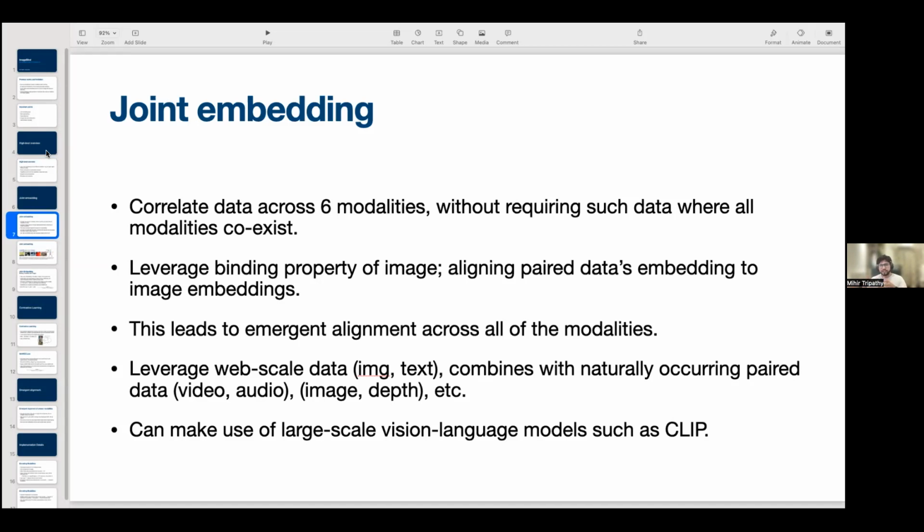So we can use the already pre-trained encoders along with naturally occurring data, like video and audio, which is very widely prevalent, and image and depth. There are a lot of data sets, especially used for self-driving training, for image and depth, and these kinds of data sets are very prevalent. So we don't need all six modalities. They just use whatever we have at scale.